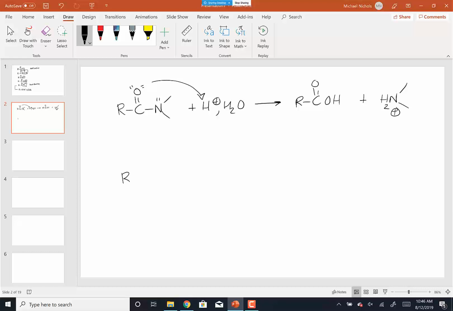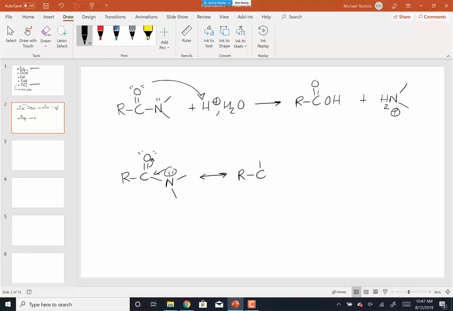Well, if I take an ester or an amide, I can draw the following resonance structure. I can take this pair of electrons, move it here, and move that pair of electrons to the oxygen.